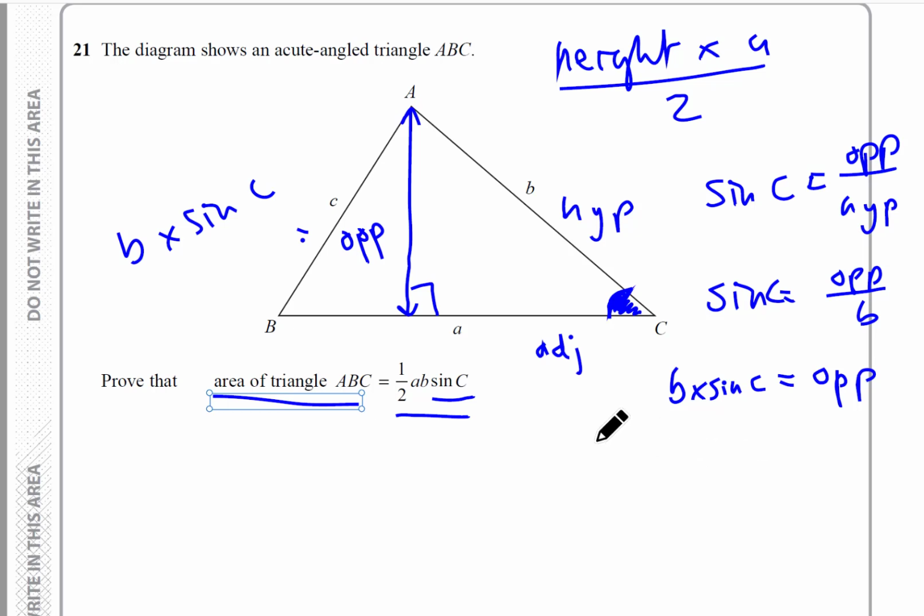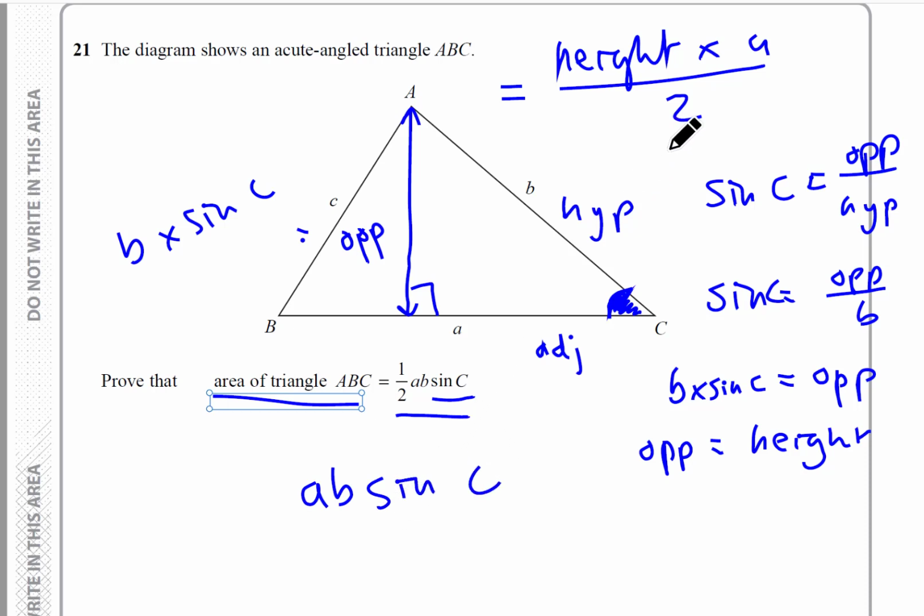Now, can you see I've said the opposite is the height. So going back to what we made at the start, the height times A, so well, we get AB sine C, and it's divided by 2, so divided by 2 equals area of the triangle.